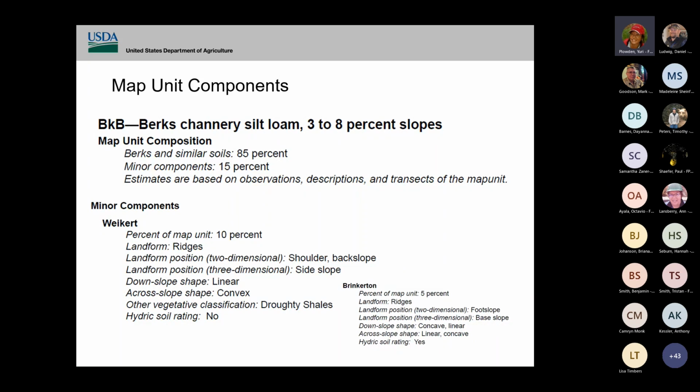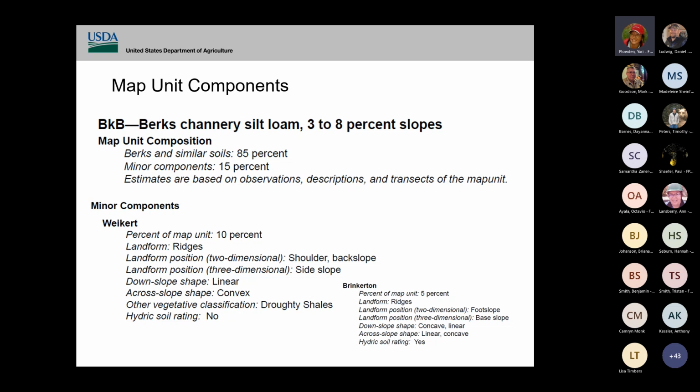Sometimes you'll have a map unit name that's composed of two soil series, like Berks and Weikert silt loam, 3 to 8% slopes. What that means is that the Berks and the Weikert almost always occur together, but it may be that at that scale of mapping, you can't break them out, because otherwise your map would get too busy.